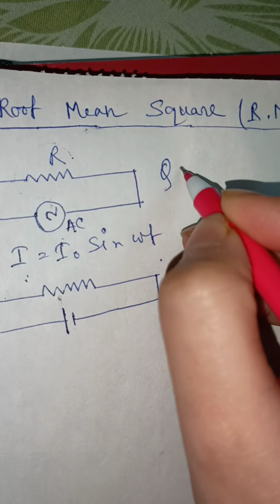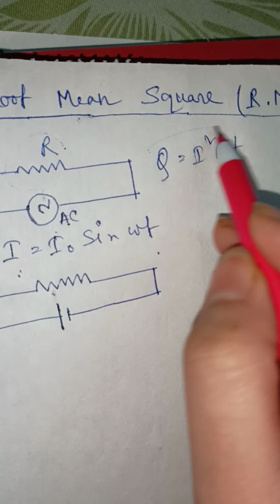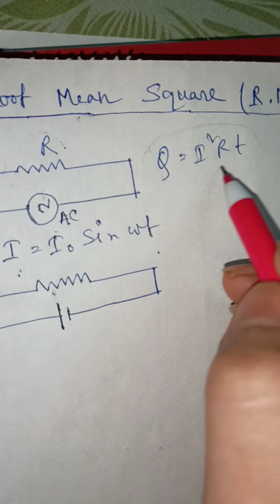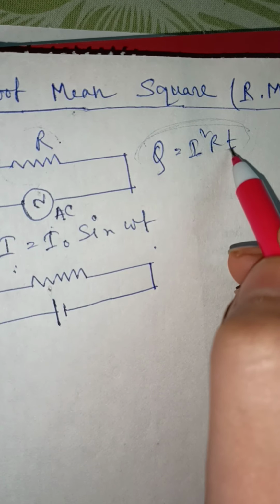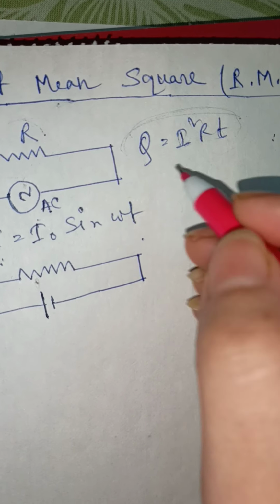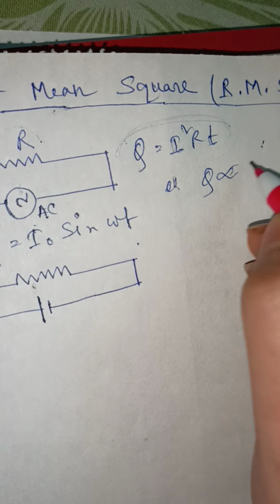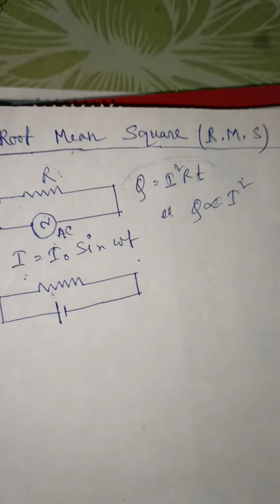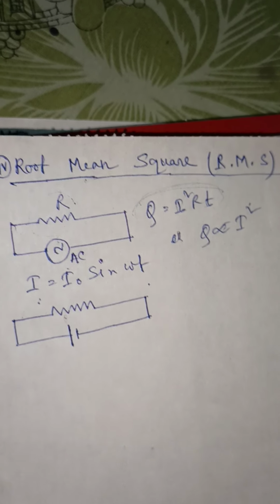So Q equals I square RT, but this is only for constant current, right? So we can also say that Q is directly proportional to I square.